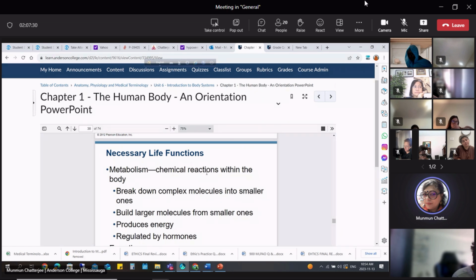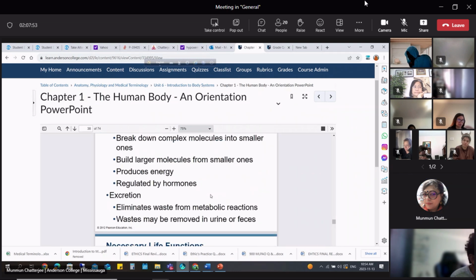How are these complex or larger molecules formed? They are formed inside the body using their own cell machinery. They have a huge machine system. Each cell has different types of machinery and they produce their own requirements to function. Understandable? And ultimately, it produces energy and everything, and all the metabolic activity is regulated by the hormones.